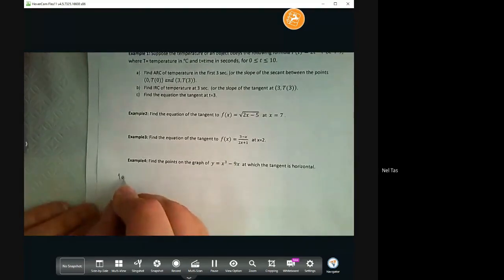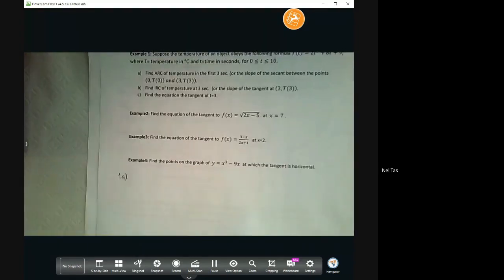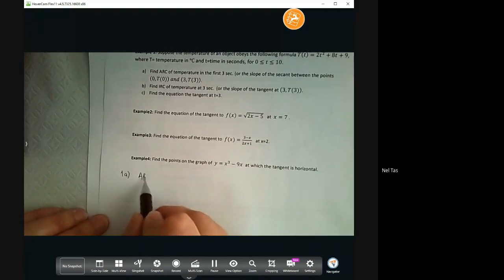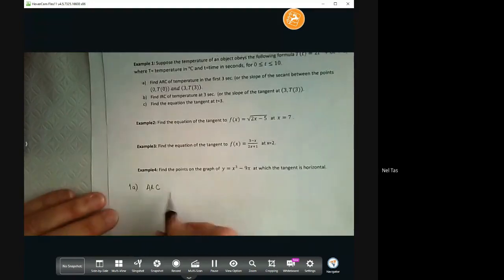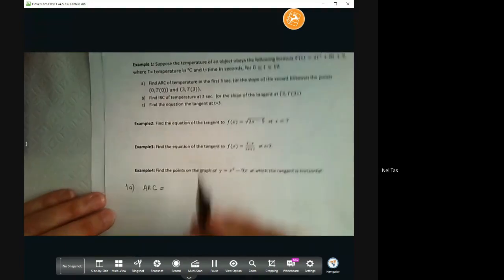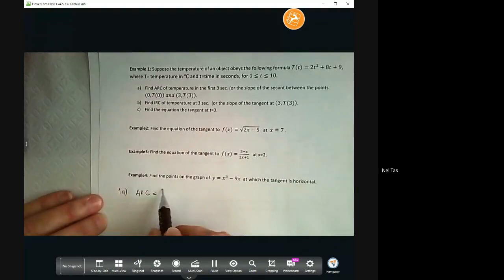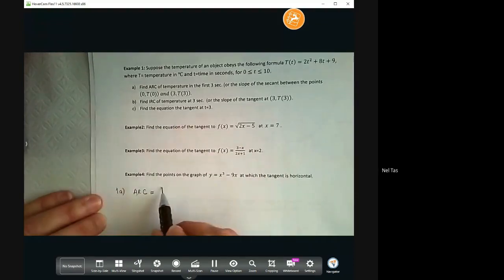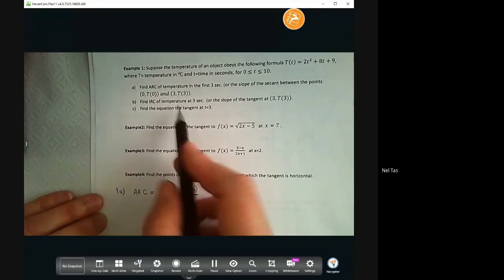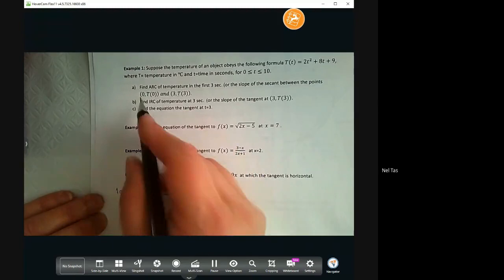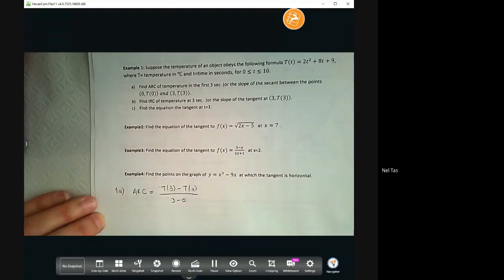So 1a, we are looking for the average rate of change. We want the difference between the y coordinates, T of 3 minus T of 0, over the difference between the x coordinates, 3 minus 0.